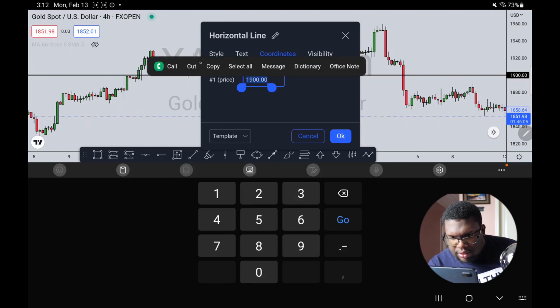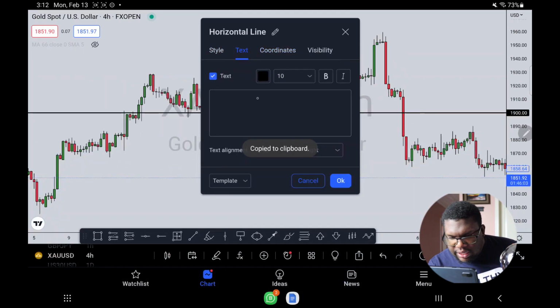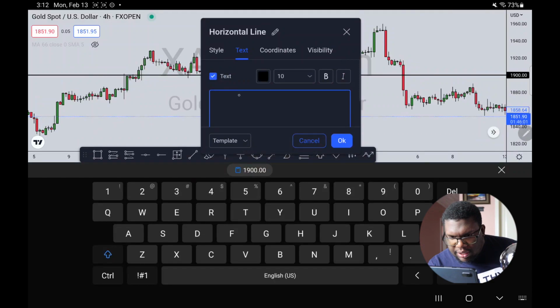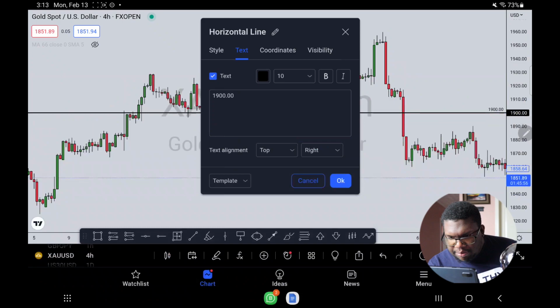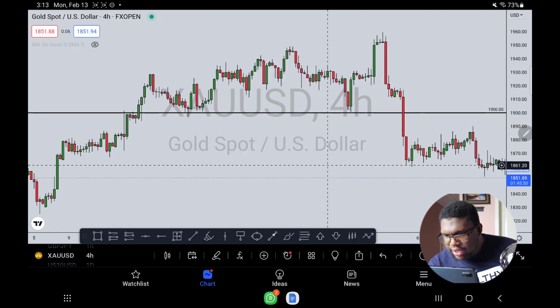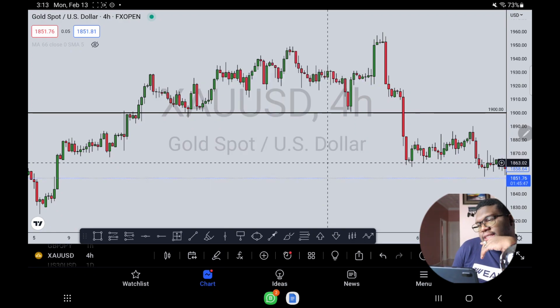Select all. I'm going to copy, I'm going to go to text, and I'm going to paste, right? And when I paste it, I'm going to ensure that the text alignment is at the top and is at the right hand side. And then press OK. Look at that now, guys. That is what I call precision.